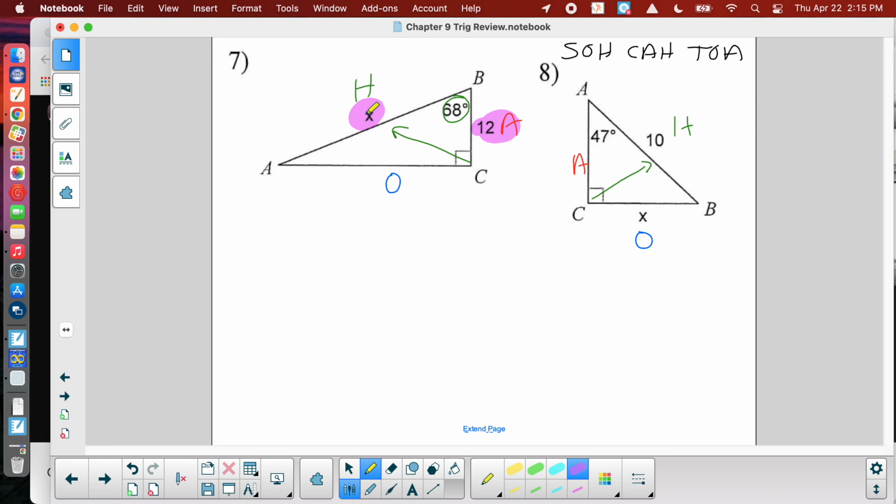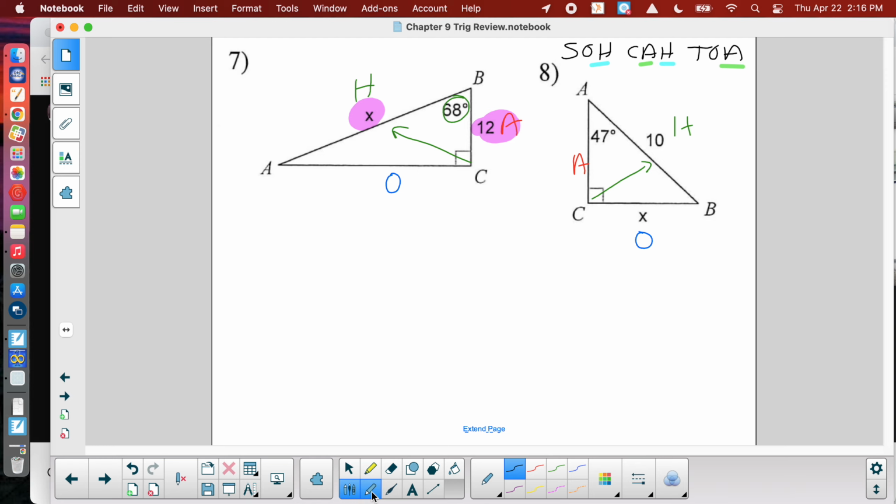So, adjacent, hypotenuse. The adjacent shows up here and here. The hypotenuse shows up here and here. The one that has the adjacent and the hypotenuse is CAH, C-A-H, cosine. Okay? So cosine is the function we're going to use here.